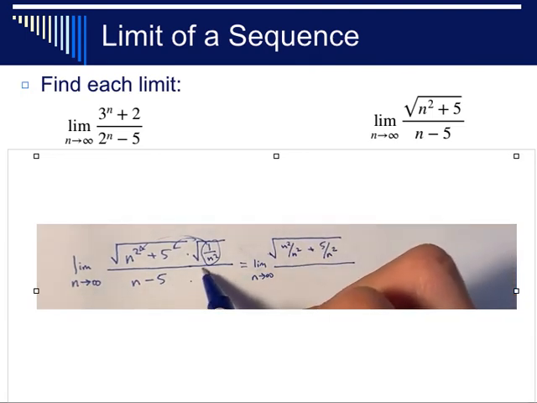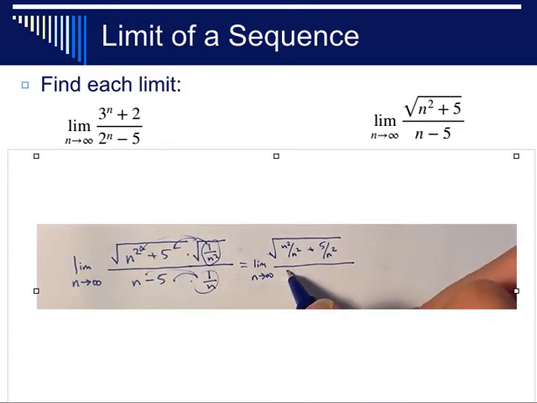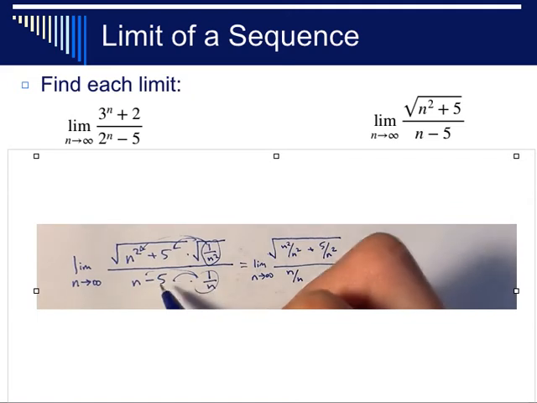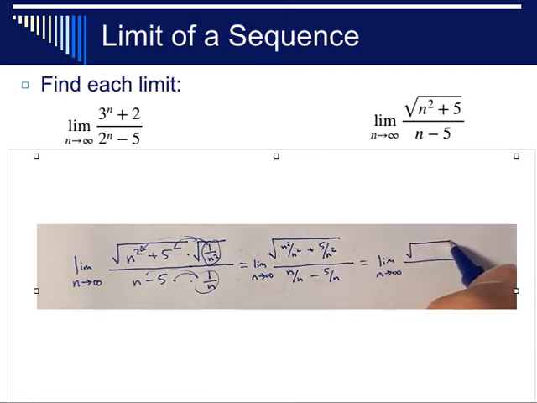On the bottom, when I distribute, n times 1 over n becomes n over n, and 5 over n. And I can clean this up a little bit more. This is now the limit as n approaches infinity. On top, I've got 1, all under square root, 1 plus 5 over n squared. And on the bottom, I've got 1 minus 5 over n.